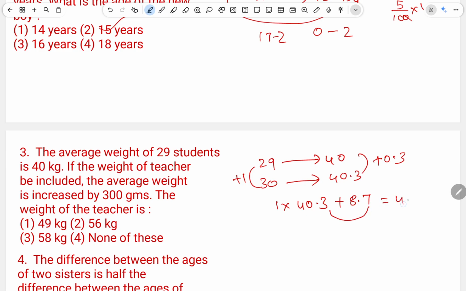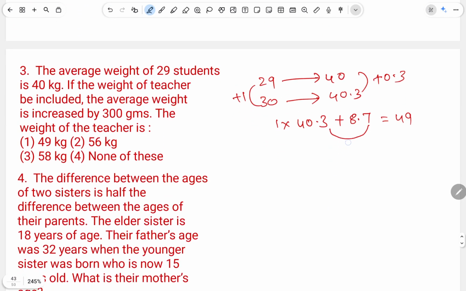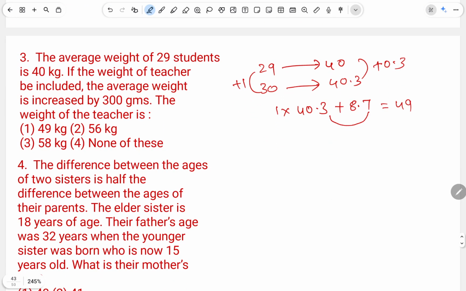48 plus 1, 49. The difference between the ages of two sisters is half the difference of the ages of their parents. Sister 1 and sister 2, so let this be elder and this be younger. Parents I will take as husband and wife. Why did I take husband minus wife?